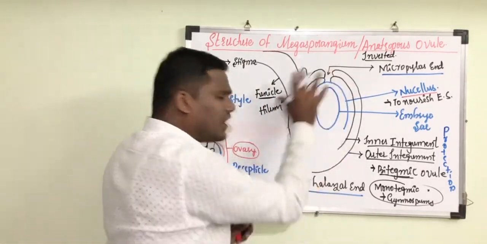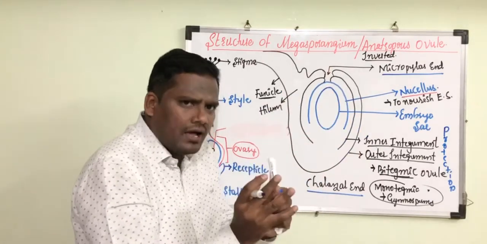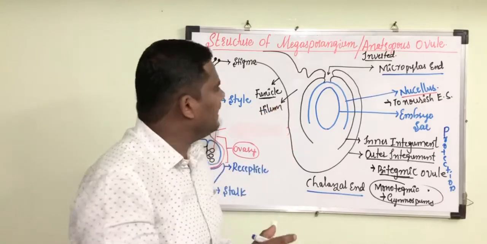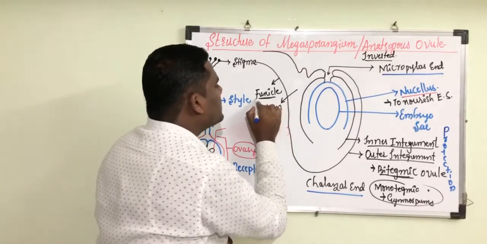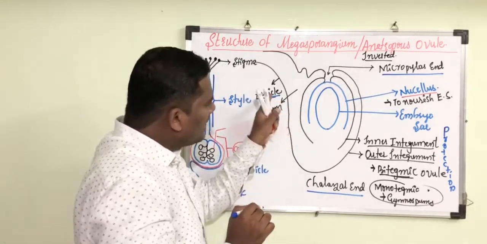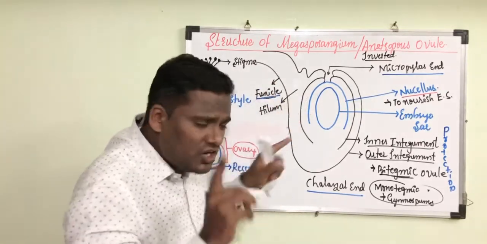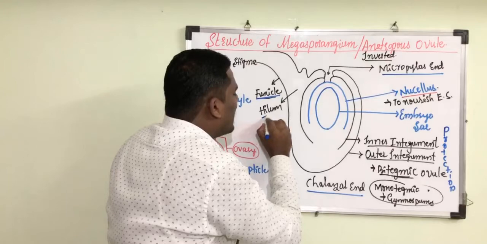The entire ovule is held with a stalk called the funicle. The funicle attaches to the outer integument, and that junction is called the hilum.